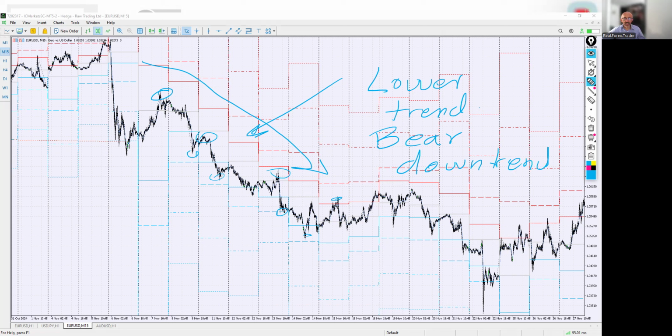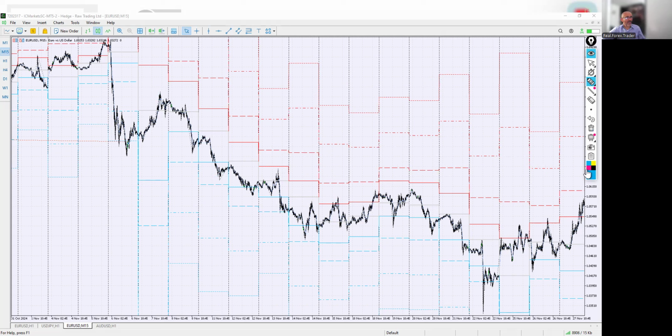Trading in the ranging market is a possibility, but you have to approach it with different tools, and your strategy is completely different from trading an uptrend or downtrend. So in brief, we have three types of trends: bullish, bearish, and sideways or ranging.